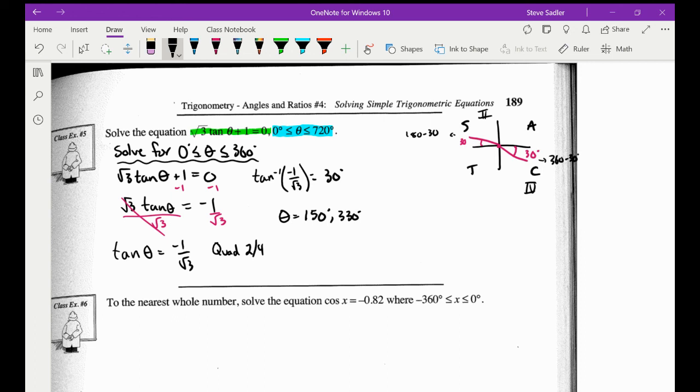So we're halfway done. We've solved everything for the first rotation, but we know that we have to not only measure this angle and that angle, but we have to go all the way around as well.